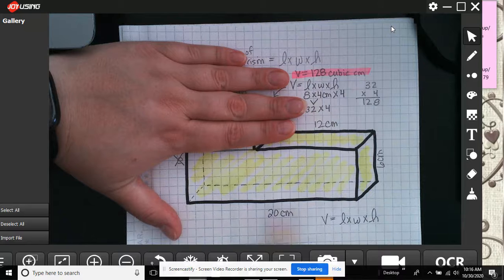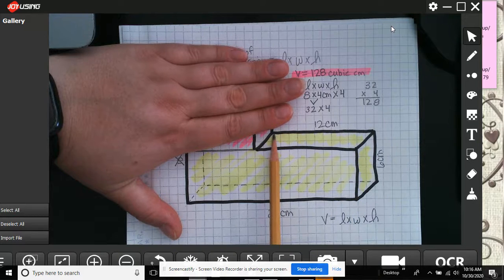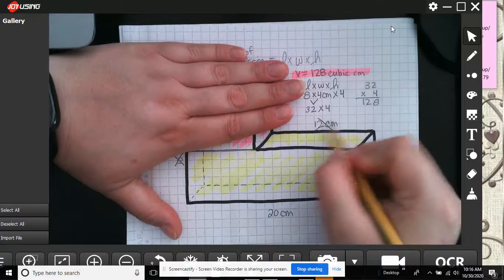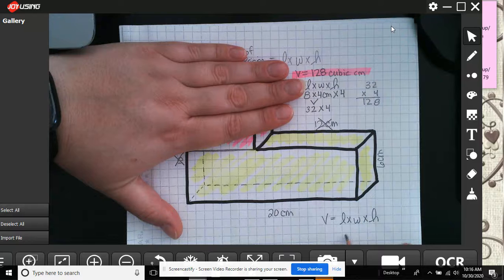I know that it's 20 all the way across because I didn't cut up this 20 this time. This 12 only goes to this vertex right here where those edges all meet. And for the way that I split this up, I need the length that goes all the way across. So we're not going to use 12 in this situation. So my length is 20.